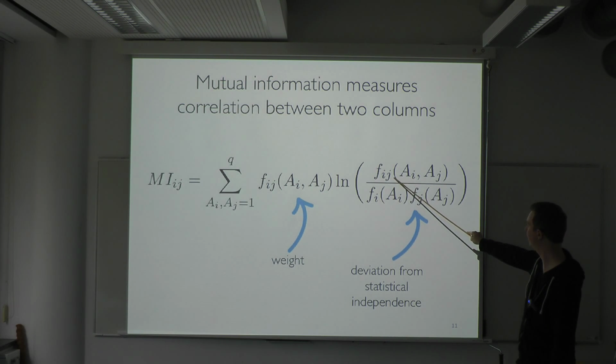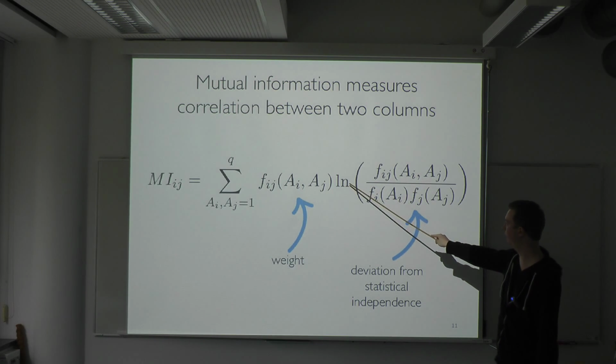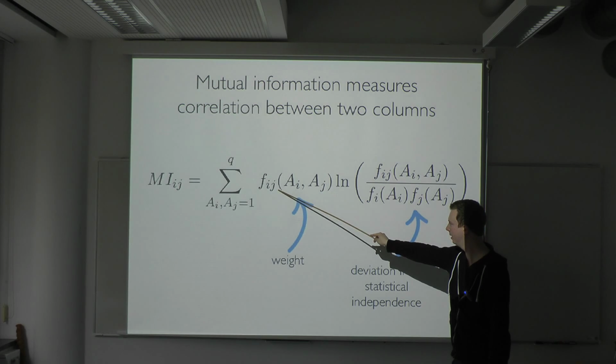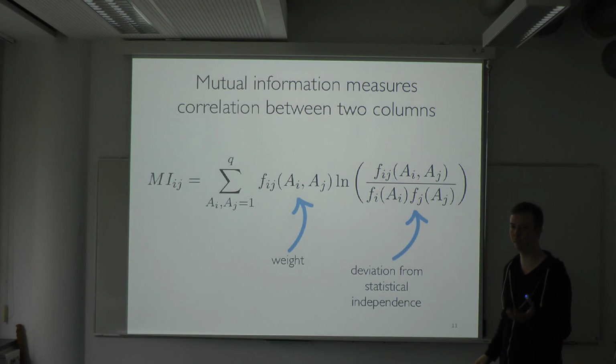What's the ratio between the pair frequency and the product of the single column frequencies? You take the log of that, and you also weight that by the pair frequencies. That means you give a stronger weight to things that you see more often, and therefore you believe more strongly because you just see it more often, and it's maybe not just some spurious random association.